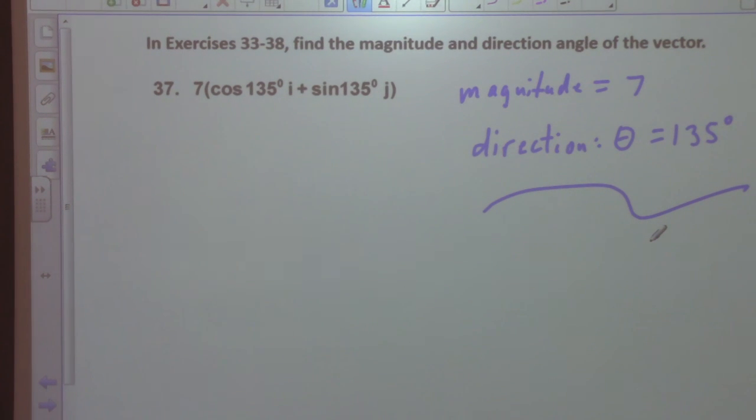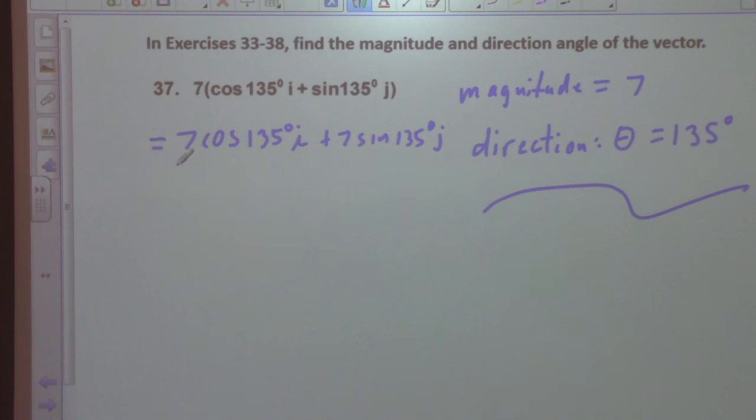If we distribute here, that's going to be equal to 7 cosine 135 degrees i plus 7 times sine 135 degrees j, right?